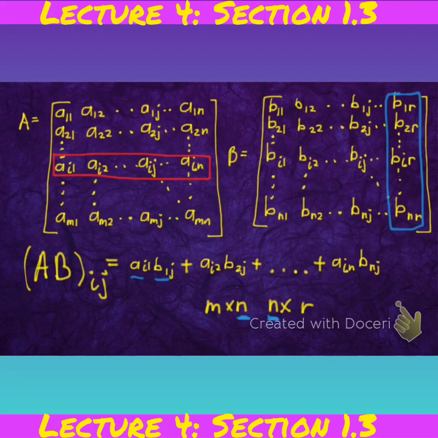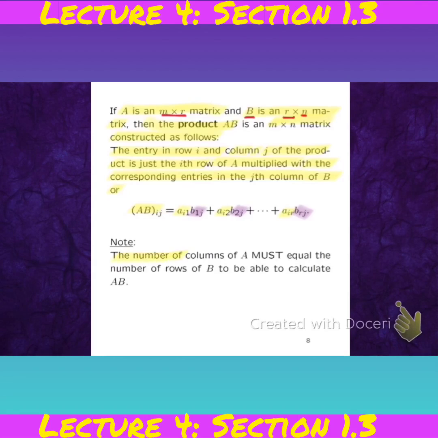You basically delete those matching quantities, and that will then be your size. It will be an m by r matrix. The number of columns of the matrix A must equal the number of rows of B to be able to calculate A times B.